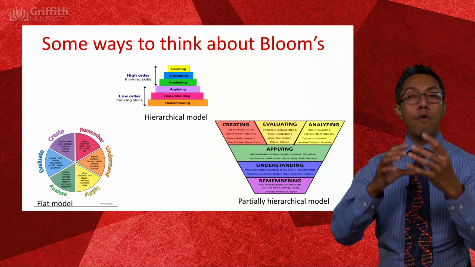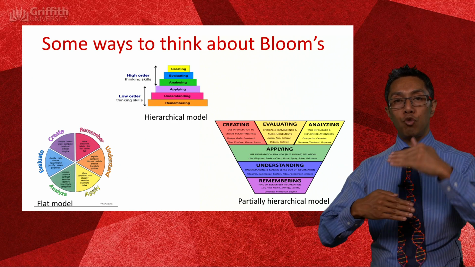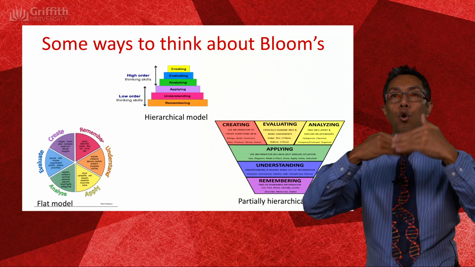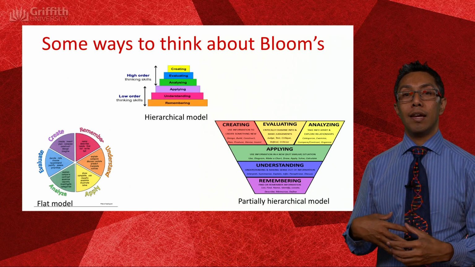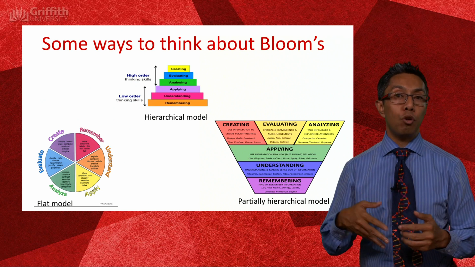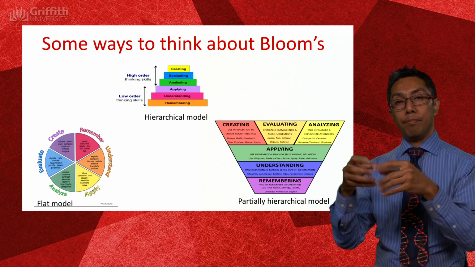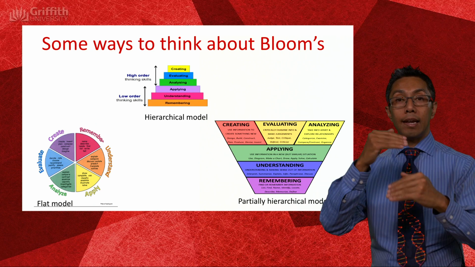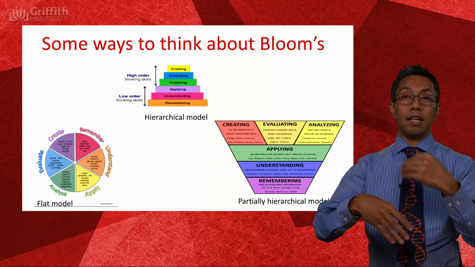So in the hierarchical model, that's where people think of thinking as being strictly hierarchical, that remembering is lower than understanding, all the way up to creating being the highest level of thinking that you can do. Now, something which is a slight variation on that is the partial hierarchical model, where the people who use this model say that, oh yes, there's clear leveling in the lower orders of remembering, understanding and applying.